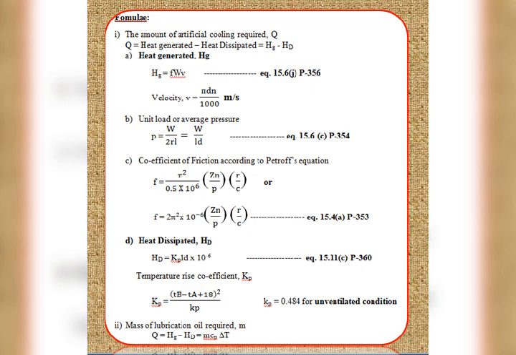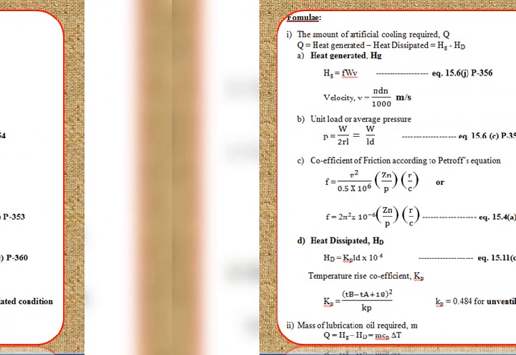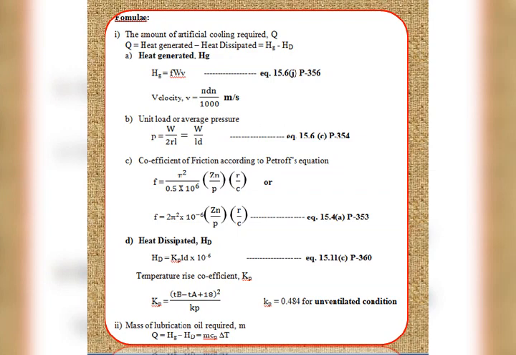And here speed n, in this equation we need to substitute in terms of RPS. The reason is, in earlier problems I substituted in terms of RPS, so we are supposed to consider that. Next, unit load or average pressure P can be considered by the equation 15.6c, page number 354.